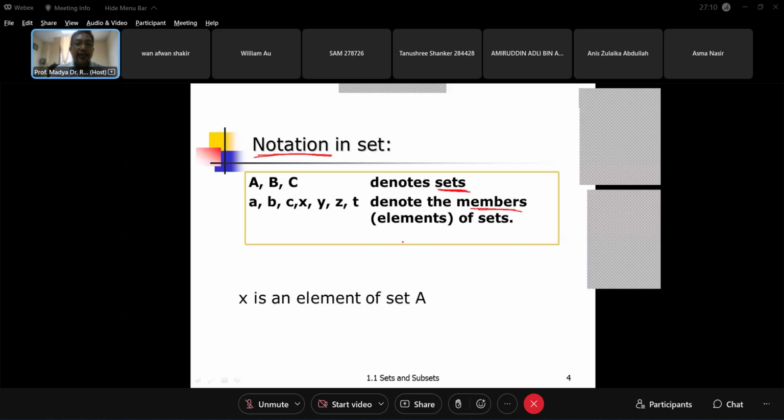Then once we deal with set, most of the elements, for example in set A, we put x. To represent this in human understanding, x is an element of set A. So how do we transform it to discrete?